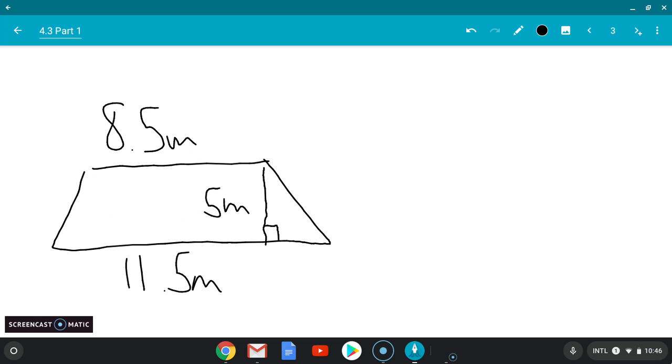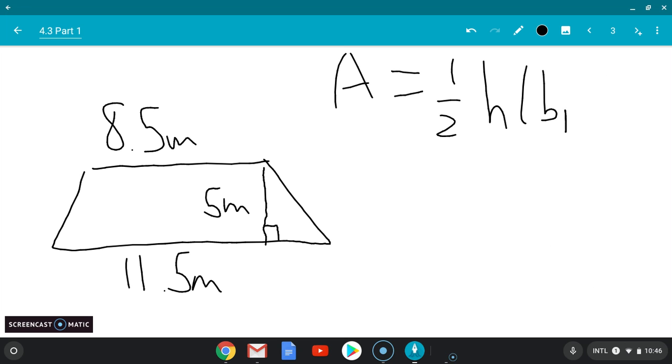We're going to use our two bases and our height, which is the distance between the two parallel sides, which are our bases. So once again, area equals, a little sloppy, 1/2 times the height times base 1 plus base 2. Okay, so in this case, I have area equals, and I'm going to use 0.5 once again because I'm entering it into a calculator and it's just a little easier.